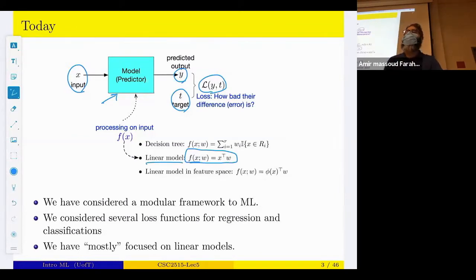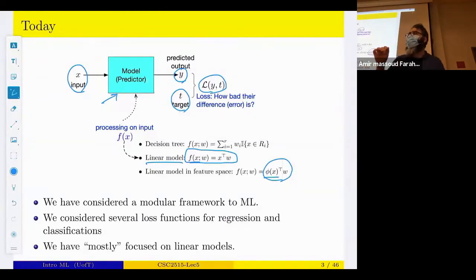Then we said that a linear model is kind of limited, so let's make it stronger by working in a feature space. So let's take x, pass it through some feature mapping phi, and then have a linear model in that space.